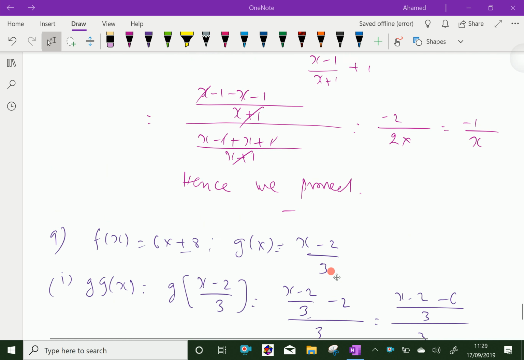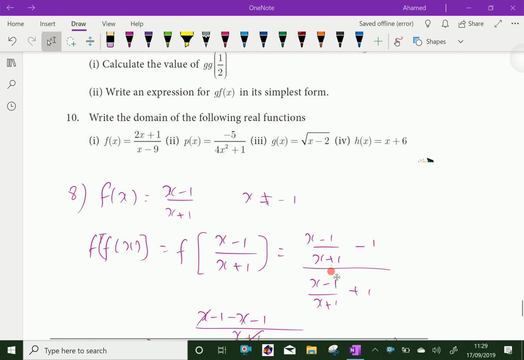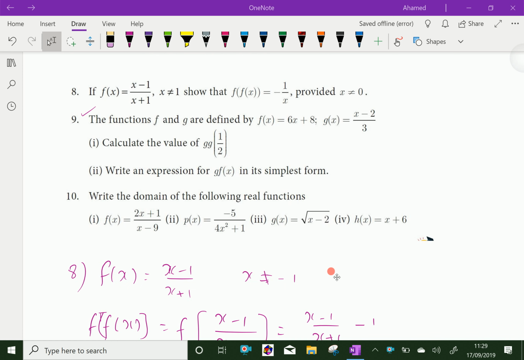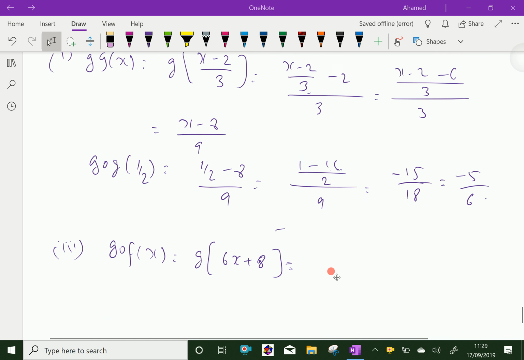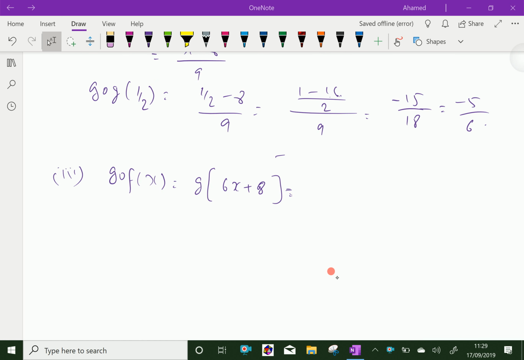So x minus 2 by 3 becomes 6x plus 8 minus 2 by 3, which is equal to 6x plus 6 over 3.